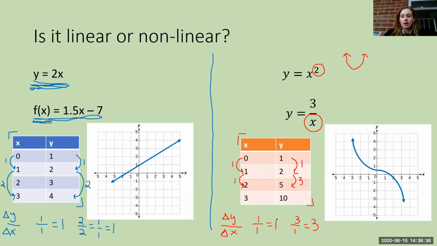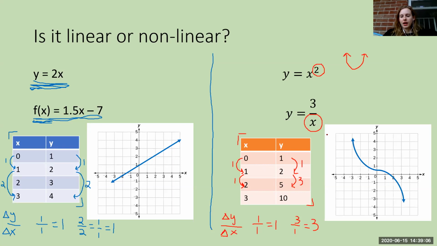So the rate of change depends on which x value you're using in the function. The rate of change is non-constant, it's changing. So that's another reason we know that this is nonlinear. If you were to plot these values on a graph, you would find that they were not forming a straight line. You would find that they were making a curve on the graph.